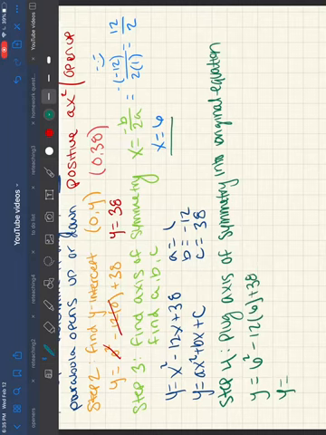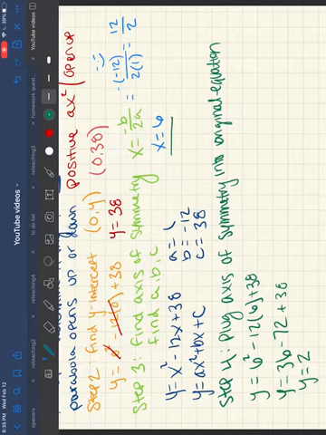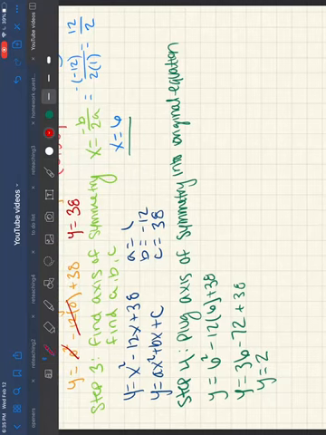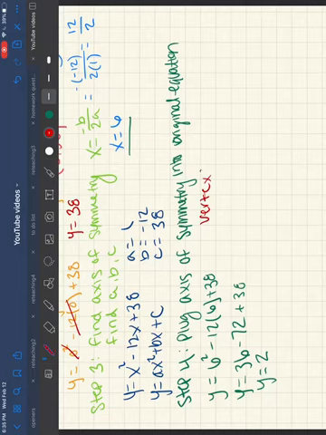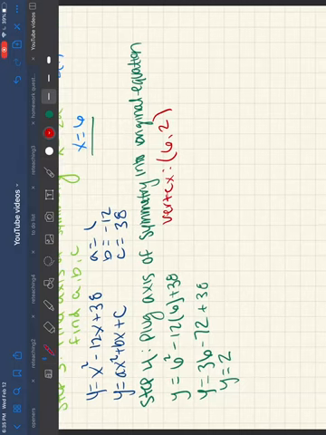Simplifying further, I get 36 minus, let me get my calculator, 72 plus 38. So 36 minus 72 plus 38 will be 2. Okay, so my vertex is going to be 6, 2. All right, so I have all the information I need to start a graph.